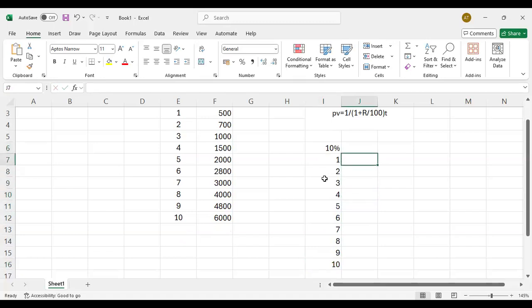So the values we will calculate is 10 divided by 100. For year 1, it is 0.1.